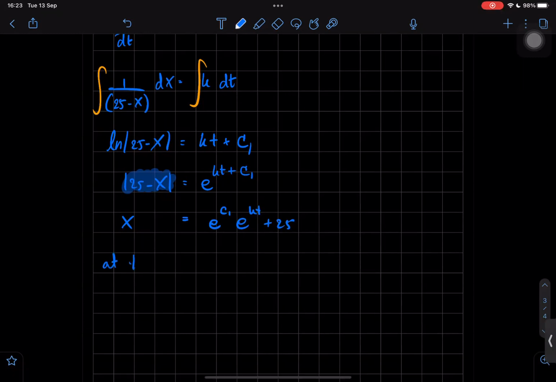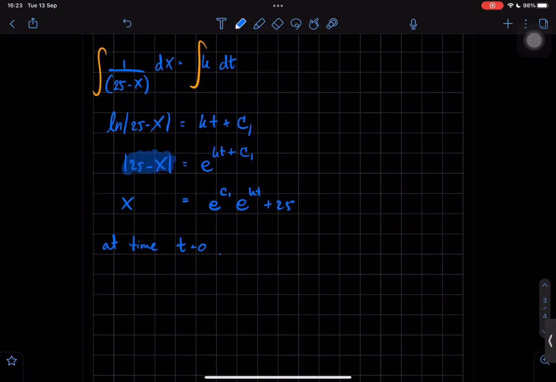At time t equal to 0, we get x(0) equal to 77. Right. So when we replace, we get 77 equal to e to the c1 plus 25. Okay, so we get e to the c1 will equal to 52.